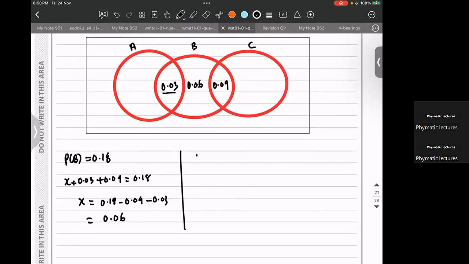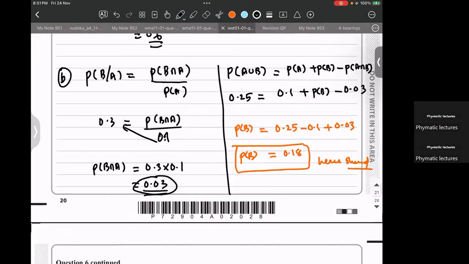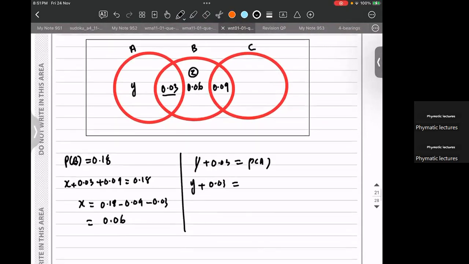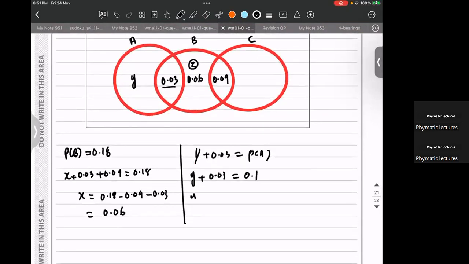And let this value we keep as Y. So Y plus 0.03 is probability of A. What is probability of A? Probability of A is 0.1. Therefore, Y is 0.1 minus 0.03. Therefore, this value we obtained as 0.07.